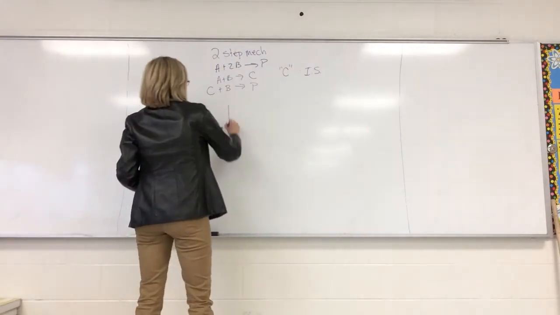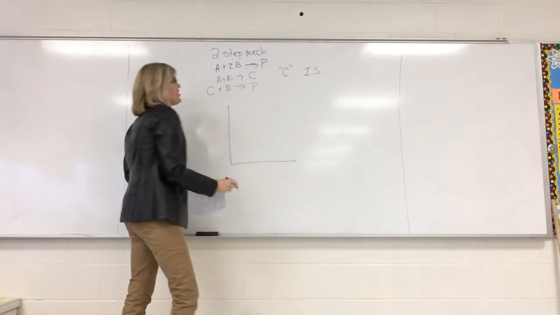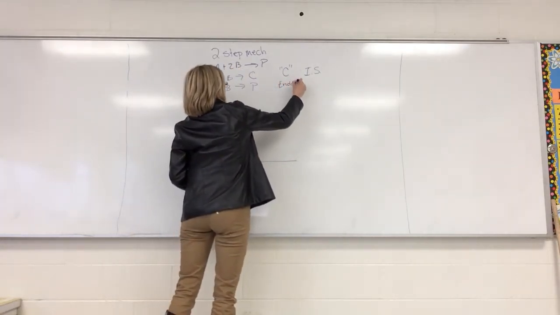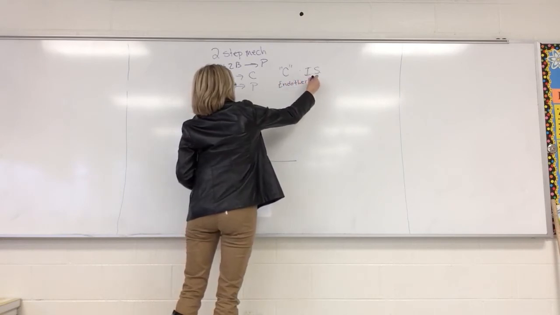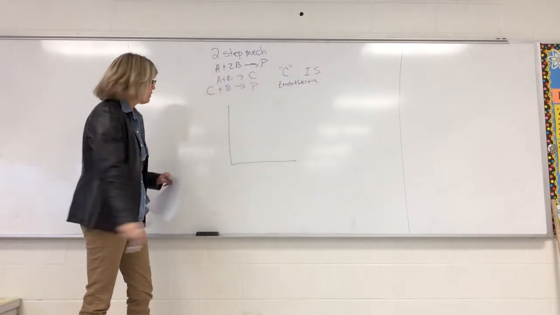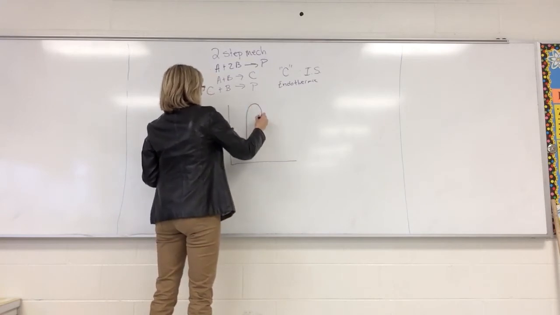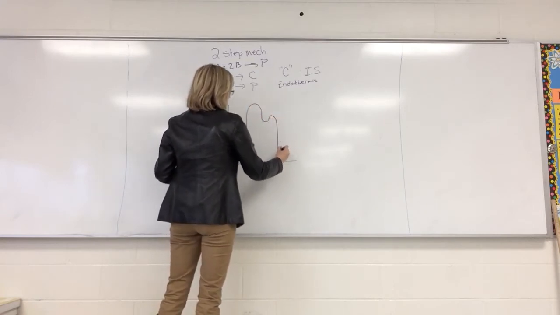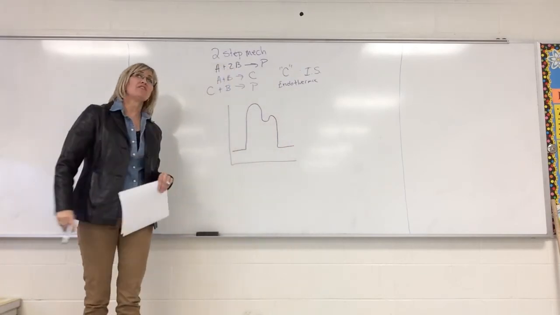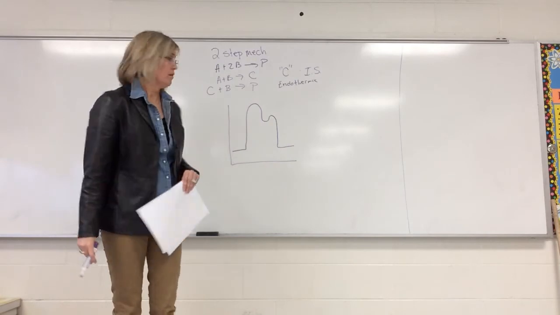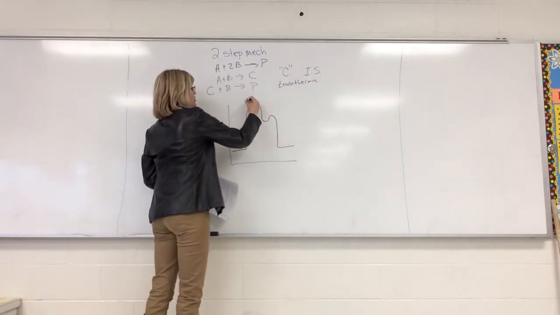Well, let's just say for the sake of argument that this was endothermic. All right. That is how you would graph a two-step mechanism. All right? We would have this transition state.